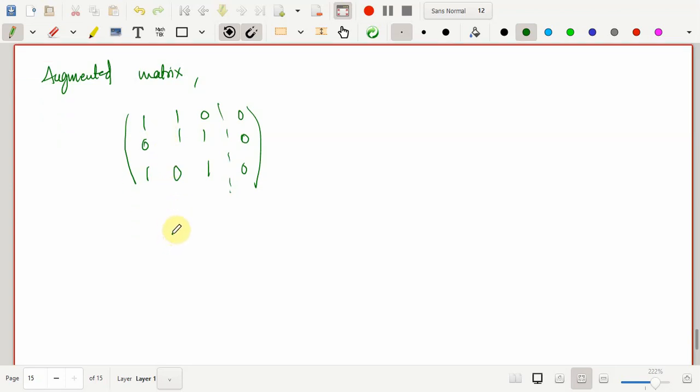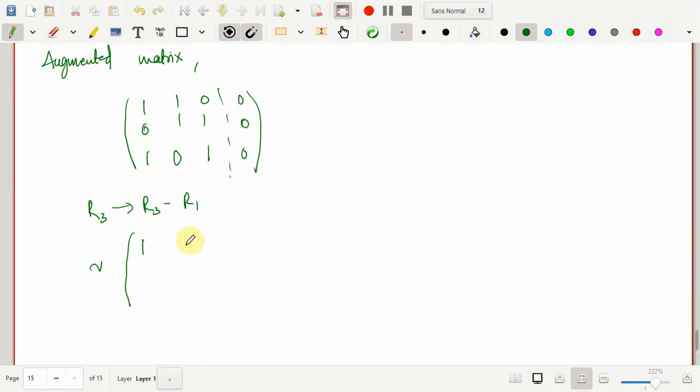So we need to convert this into row echelon form. You already have this one, so you need to make this equal to 0. The first operation that I would perform here is R3 changes to R3 minus R1. With that, the corresponding equivalent augmented matrix that we get is this: 1 1 0 0, 0 1 1 0, and 1 minus 1 is 0, 0 minus 1 is minus 1, and 1 minus 0 is 1, 0, right?